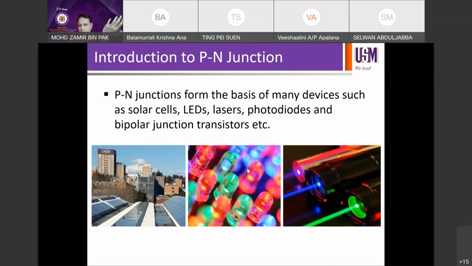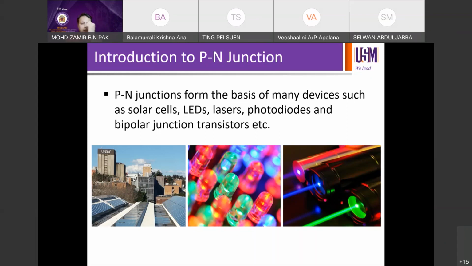Then solar cells, then lasers, then bipolar junction transistors, then the chips in cars for EV applications, for example, and for typical conventional automotive applications. So they are all based on chips. And when you talk about chips and all these devices, they are all based on PN junctions. So the essence is PN junction.